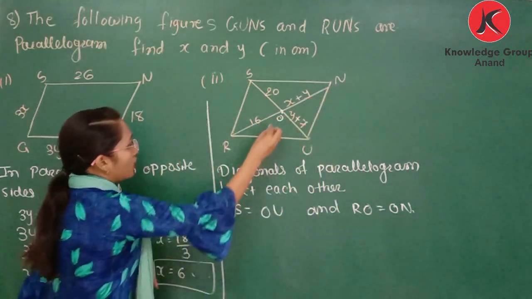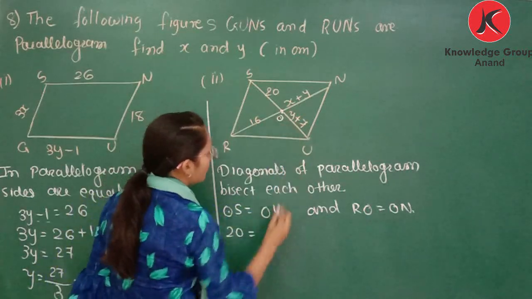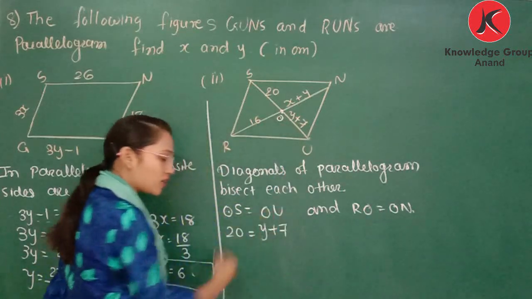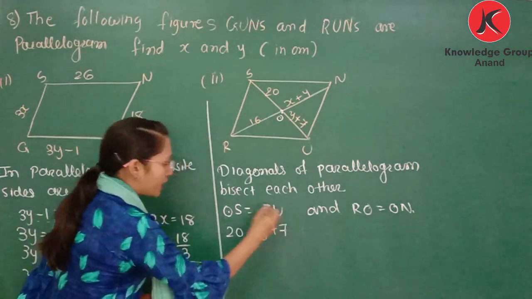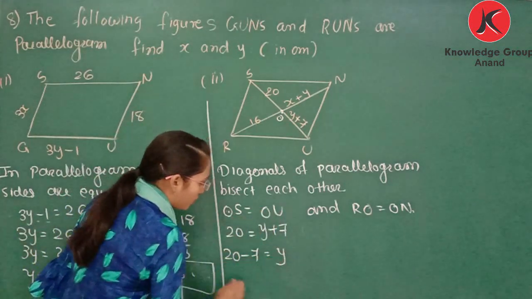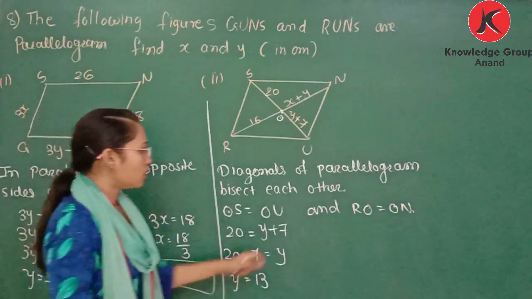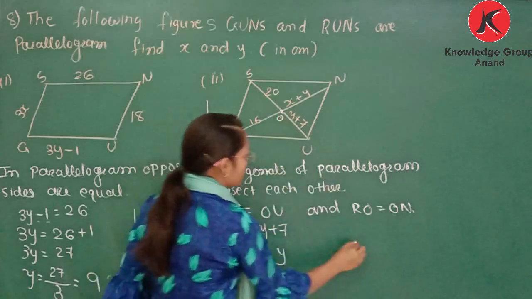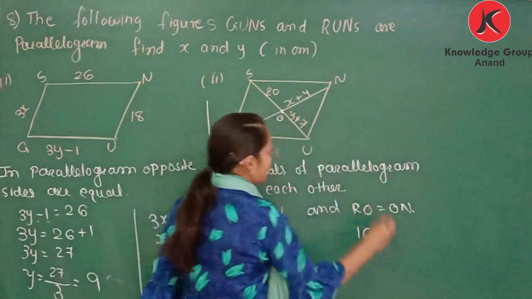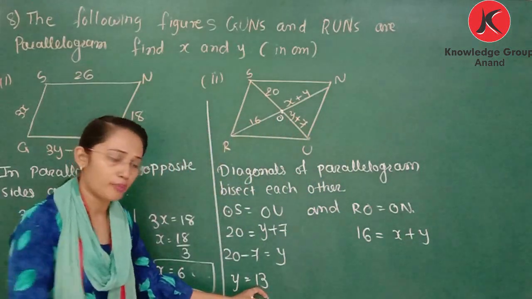Okay. So here what is our OS? That is 20 and OU is y plus 7. Now we have the equation. If we take 7 on the left side, it will be subtraction. So y is equal to 13. Clear? Now what is RO? That is 16 and ON, that is x plus 13, using the value of y we found previously.